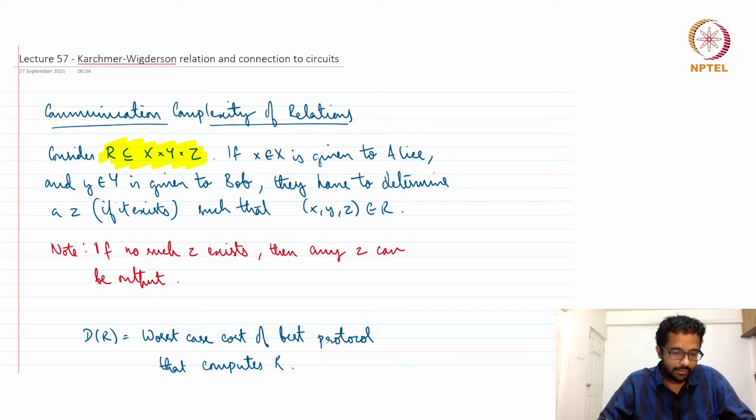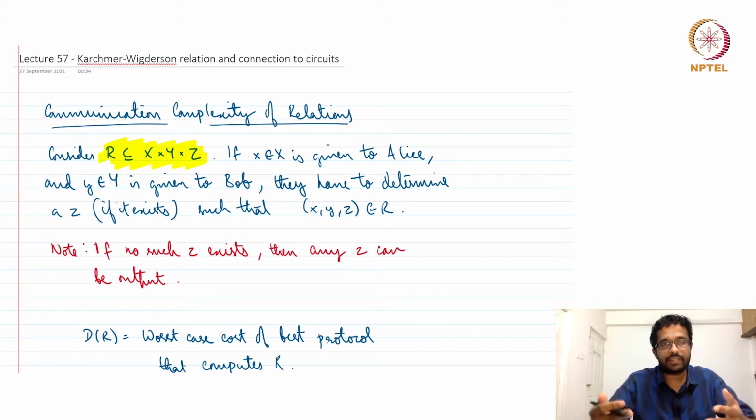So in the case of a function, for every x and y there is a unique z, but in the case of a relation there could be multiple z or no z as well. So the goal is: x is given to Alice, y is given to Bob, and then they have to determine a z such that (x, y, z) is in the relation. If this relation is a function, it is just like computing a function, just that now we have a slightly more generalized setting.